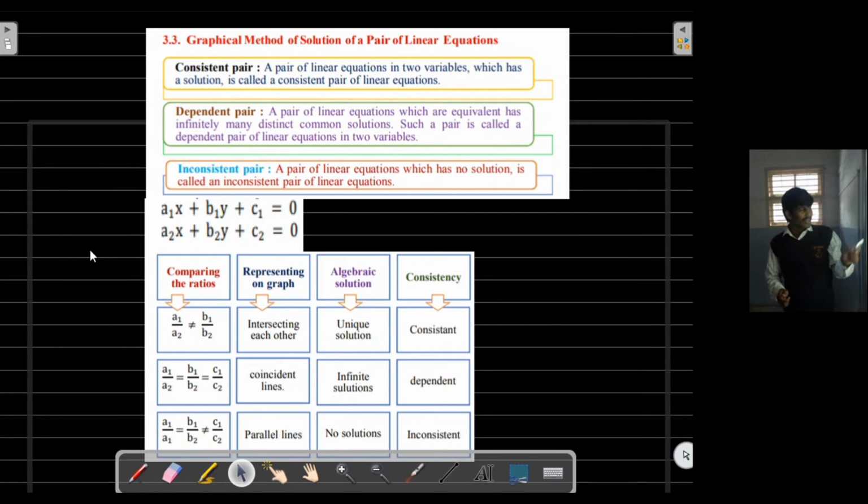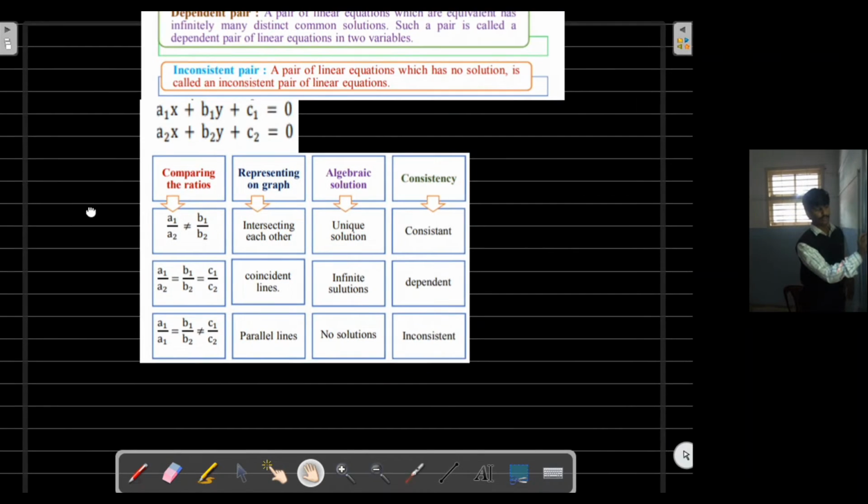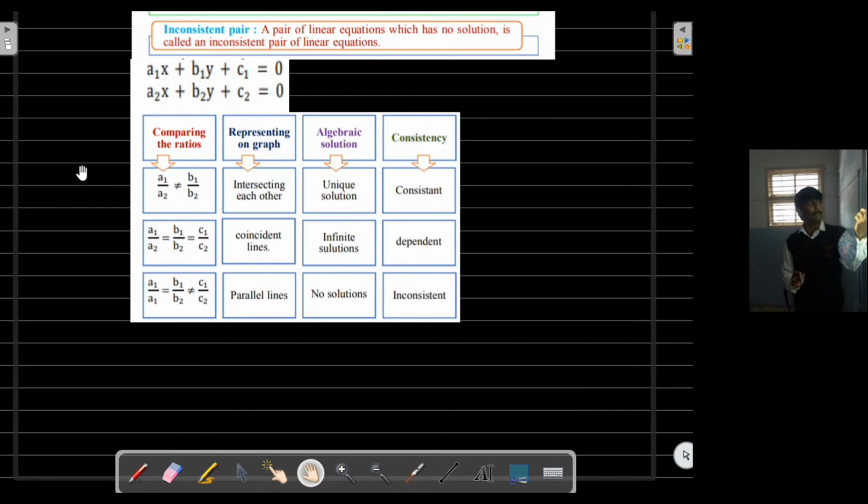So let us consider a1x plus b1y plus c1 is equal to 0 and a2x plus b2y plus c2 is equal to 0. Graphically we discussed that lines are intersecting, parallel or coincident. Now, how do we identify them using only coefficients? It's very easy. Compare the ratios a1 by a2 and b1 by b2.